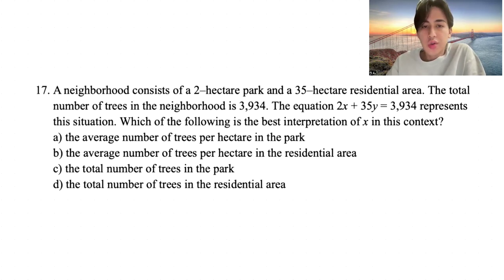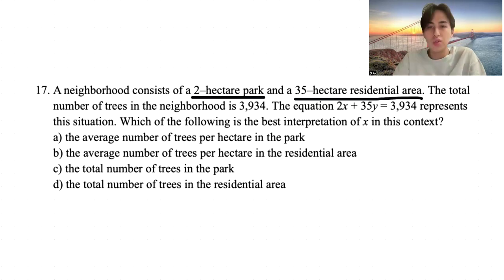Okay, so we know that the park is 2 hectares and the residential area is 35 hectares. And the number of trees in that total 37-hectare area is 3,934 trees. And this equation determines the number of trees.